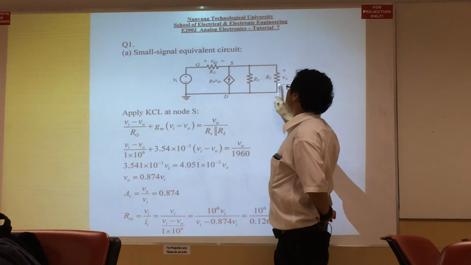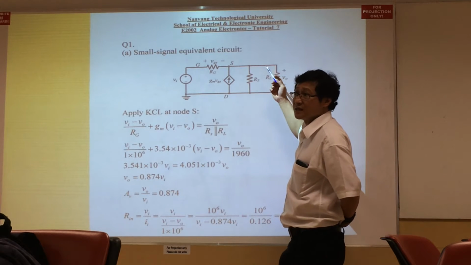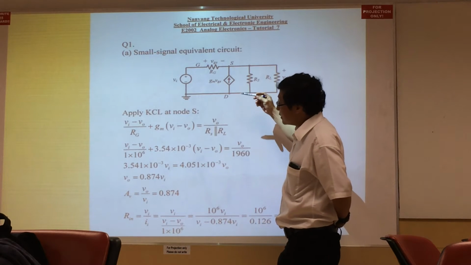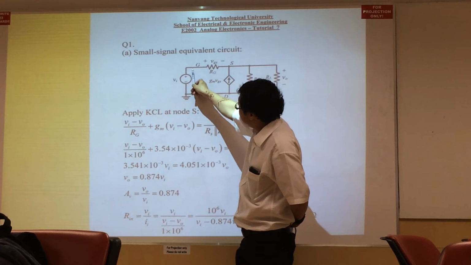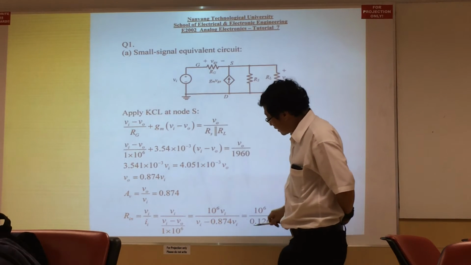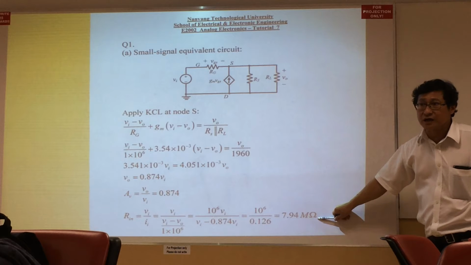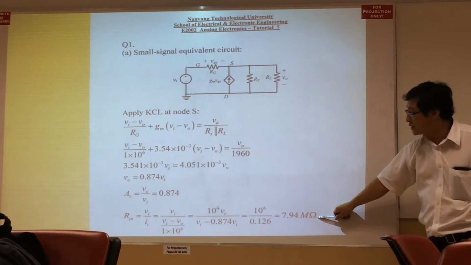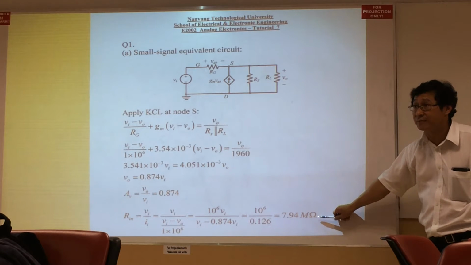Even if you lump all the resistances up, it is less than 2 megohm. But when you calculate the input resistance looking in, that value is much higher than all the resistors you lump in.